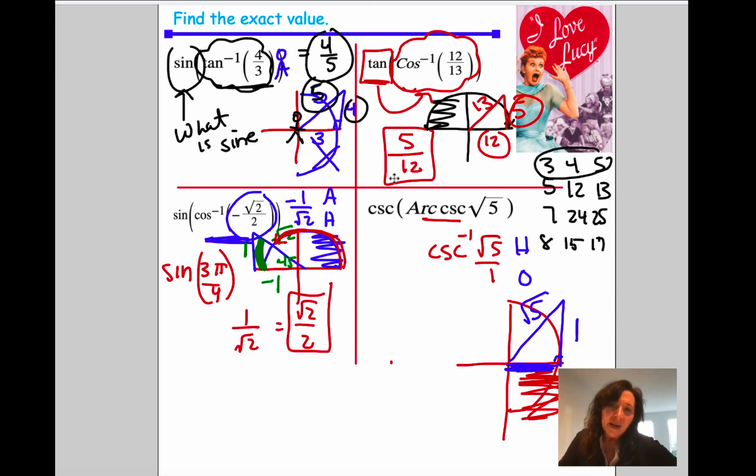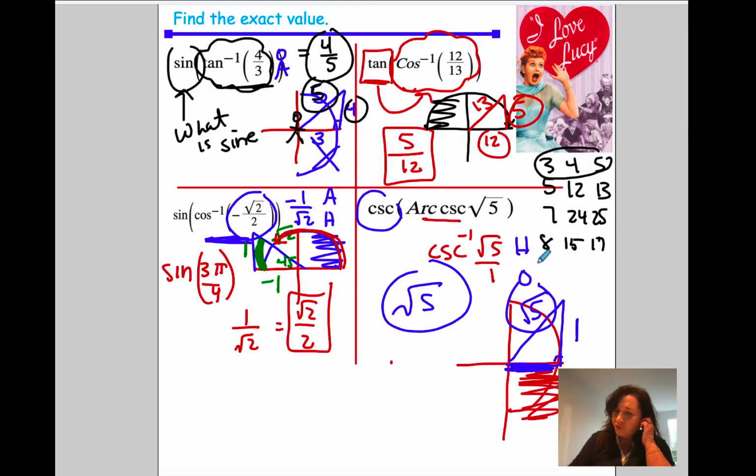But because it's saying cosecant of where I'm at, what is cosecant? Well, cosecant, again, is hypotenuse over opposite. So I end up getting exactly what I started with. Now, it is important to note that it doesn't always work like that, where it's the same number inside, because it has to be within the restricted domain. Okay?